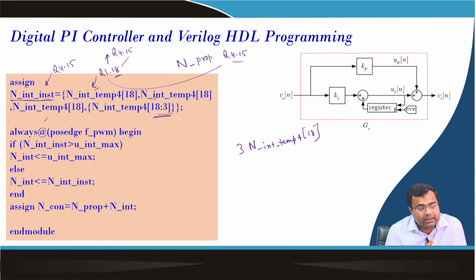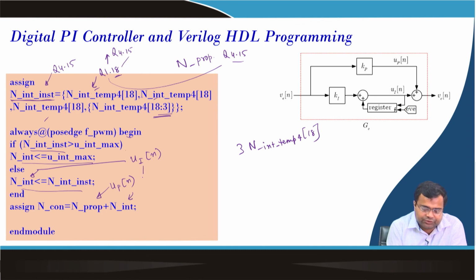Okay? But this is not the end of the story, because we still have to consider the saturation limit. That is why it is going inside and checking whether this instantaneous value is greater than max, then it will be set to max, or it will pass the current value. So, now this one is the integral. So, this corresponds to uI(n), and this corresponds to uP(n).